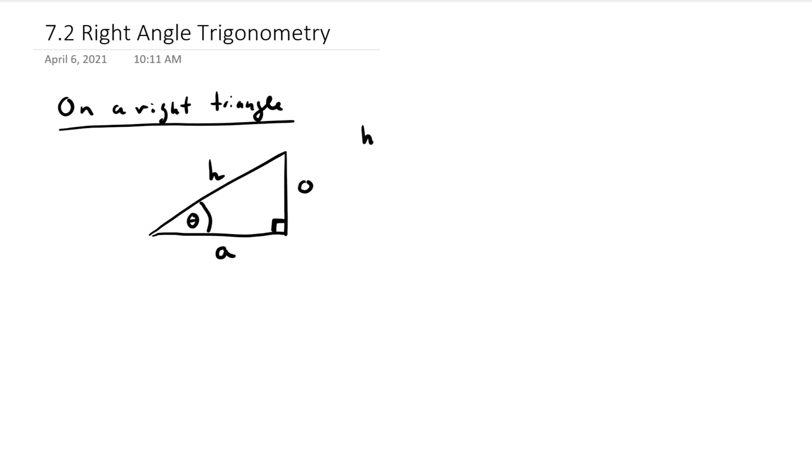So H stands for hypotenuse, O is opposite, and A is adjacent side. Adjacent means just next to it.